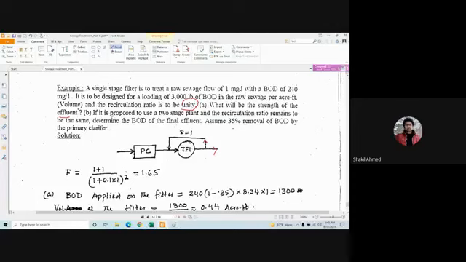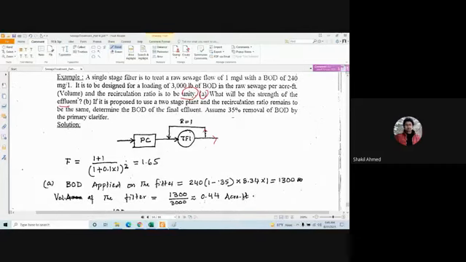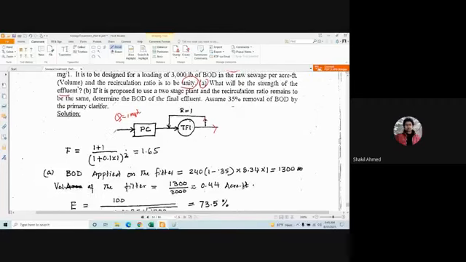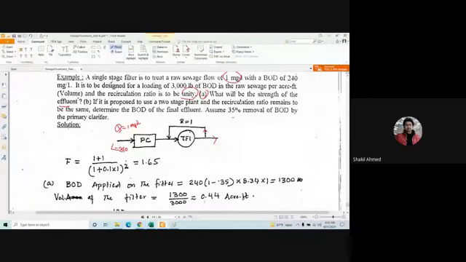What will be the strength of the effluent? In A, they are telling us what will be the strength of the effluent. So treat a raw sewage flow of 1 million gallon per day. So Q equals 1 million gallon per day with a BOD of 240 milligram per liter. So L is given as 240 milligram per liter. And the recirculation ratio has to be unity.